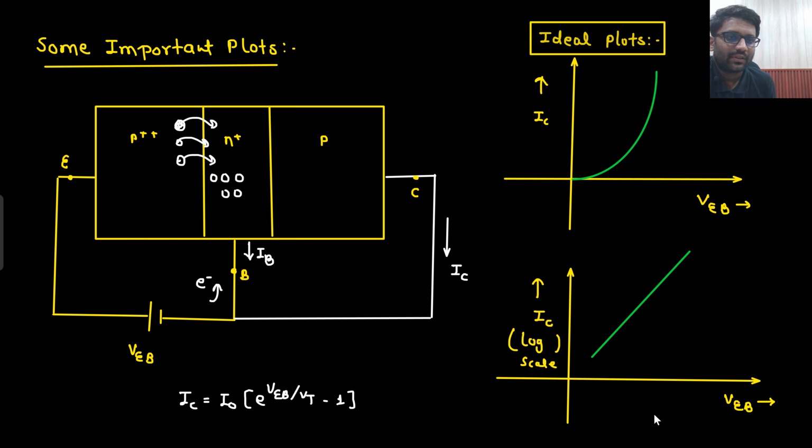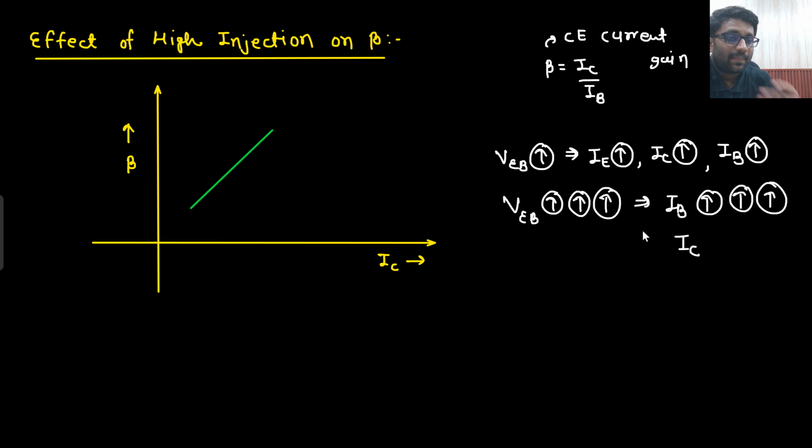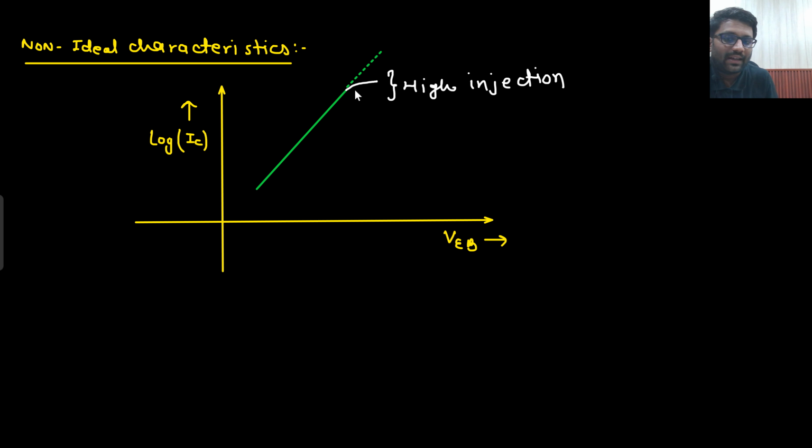Are you able to understand this point? At a very high VEB, IB is increasing, but IC is not increasing that much. After some time IC does not increase by a larger amount.